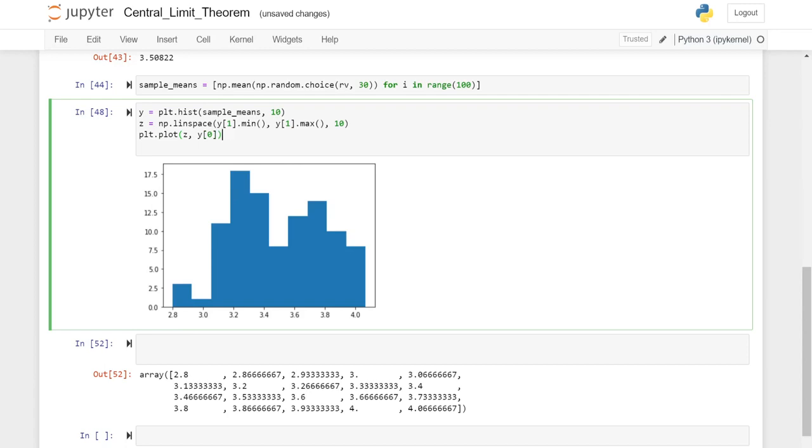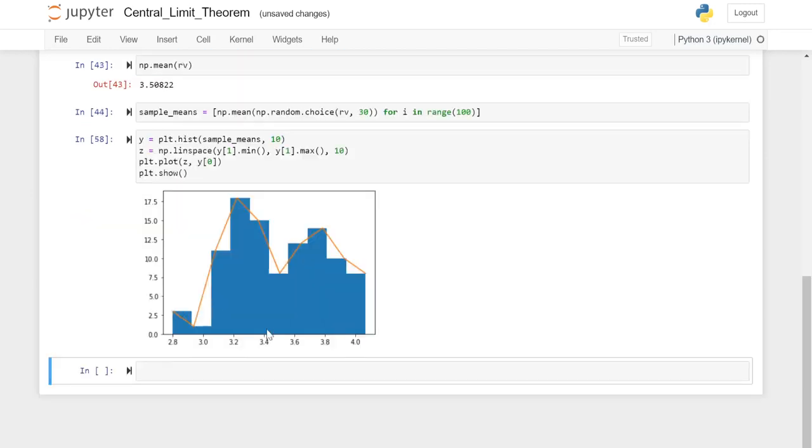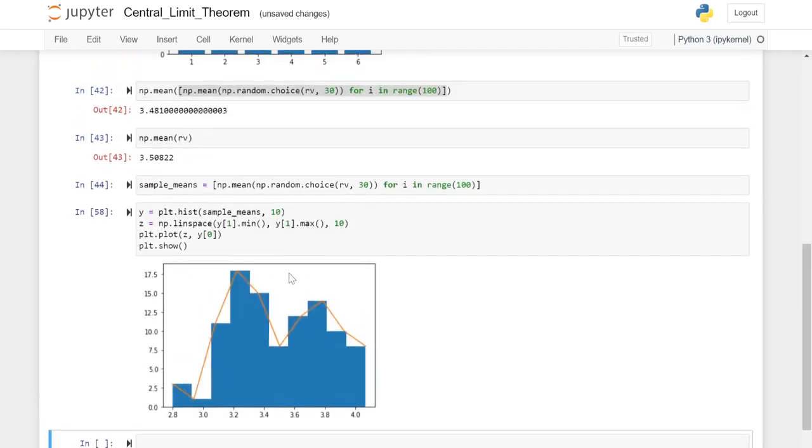Correct? Let us run that and just see what it will do. plt.show. As was discussed earlier, if we are not happy with this shape, we can increase the number of samples and then it will start looking like a bell curve.